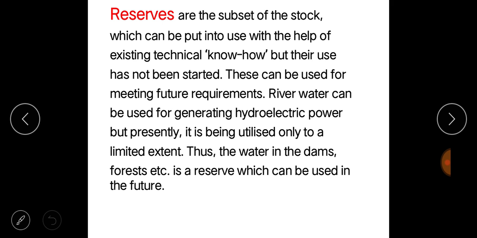River water can be utilized. We can build dams on the river and use the water for the generation of hydroelectricity. In Jammu and Kashmir we have a lot of water resources and a lot of potential here.